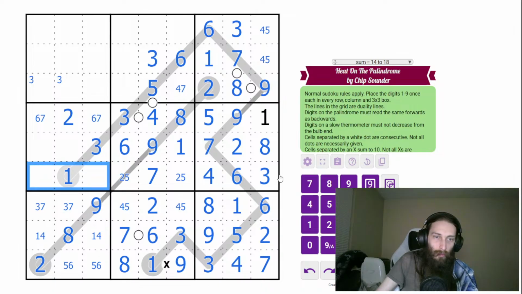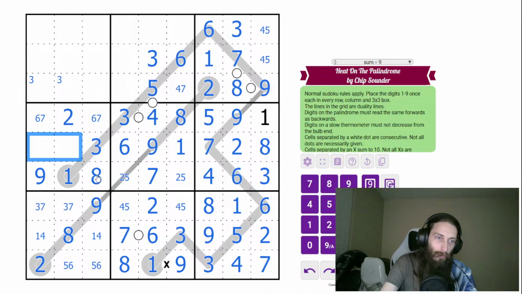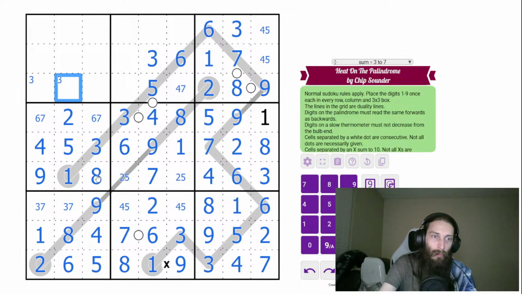These two are 8 and 9, and the 9 here fixes those. I don't see a 4, which can't be next to a 1, and a 5, which is going to give me these. 2 can't be next to 3, so that does that.